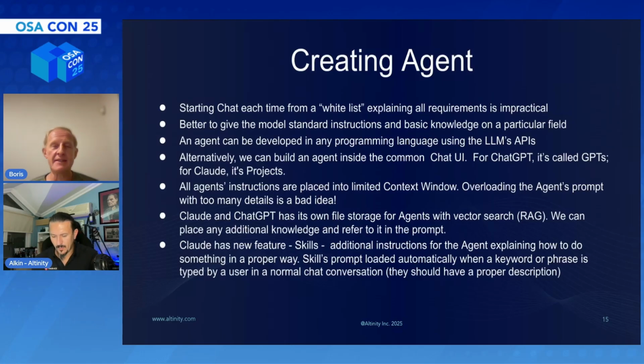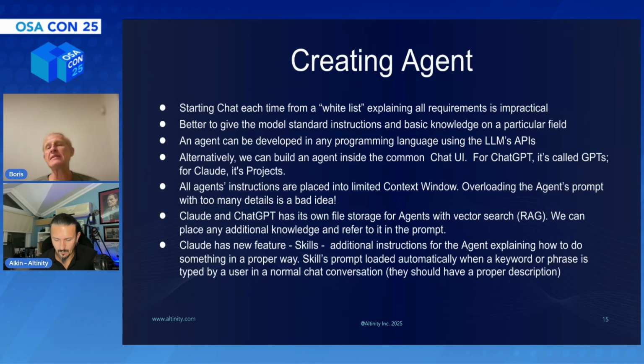For different instruments, an agent is created differently. So if you decide to use Python to write an agent, you know what to do. However, if you decide to use ChatGPT or Claude, you have to use a special instrument inside that user interface.